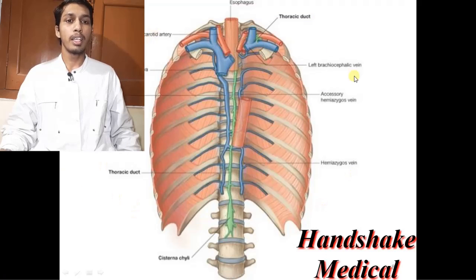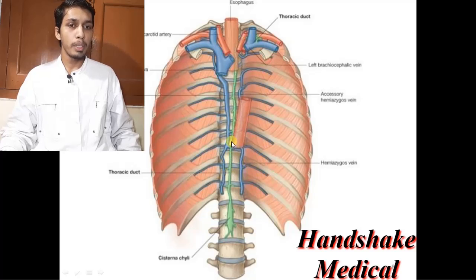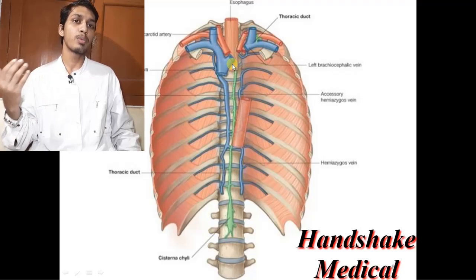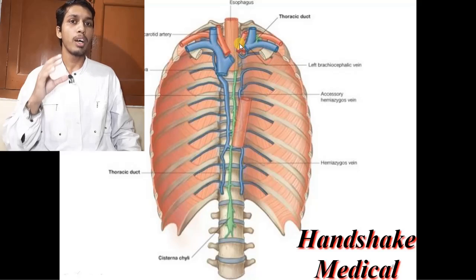Now this is the 3D view again. So the cisterna chyli is present at this one, the L1 vertebral level, L2 vertebral level, and this one is the lower border of the T12 vertebra. From here the thoracic duct originates or begins, then continues to the posterior mediastinum in the thorax, then the superior mediastinum in the thorax, then proceeds to the neck at the transverse process of the C7 vertebral level or the root of the neck.